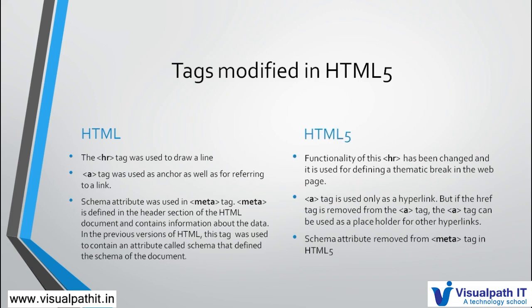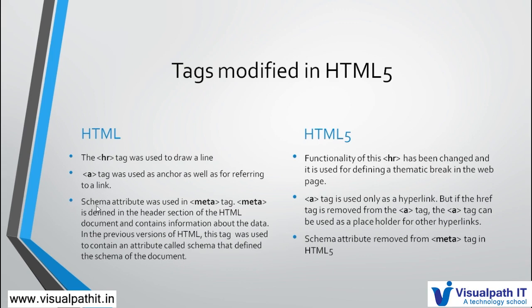In HTML4, the HR tag was used to draw a line, but in HTML5 the functionality of this HR tag has been changed and it is used for defining a thematic break in the web page. The anchor tag in HTML4 is for referring to a link, but in HTML5 the anchor tag is used only as a hyperlink. If the href attribute is removed from the A tag, it can be used as a placeholder for a hyperlink.